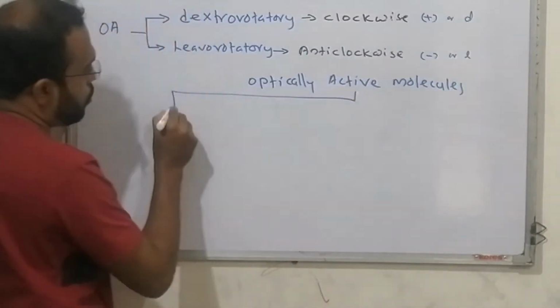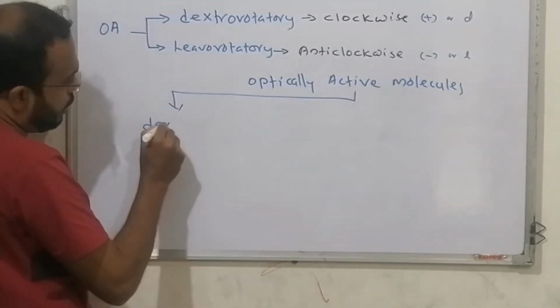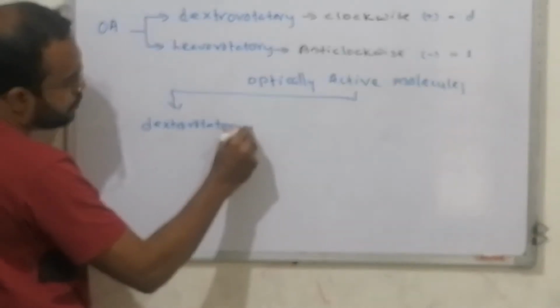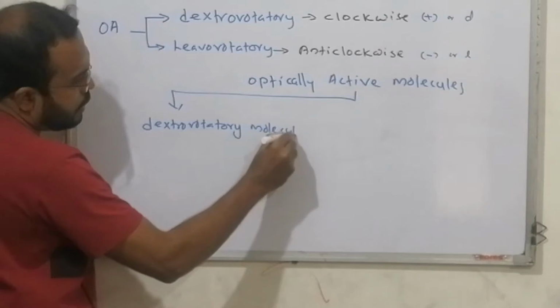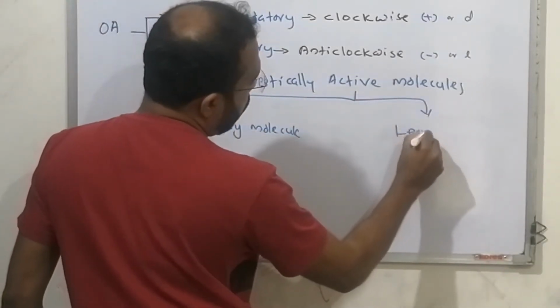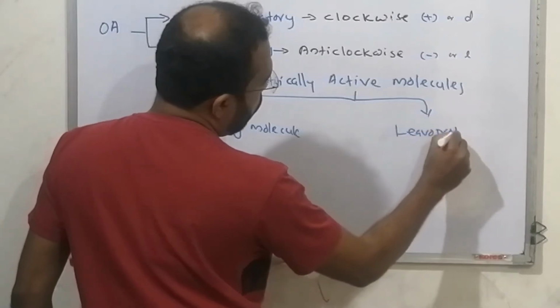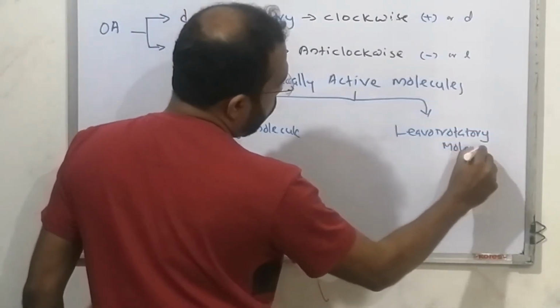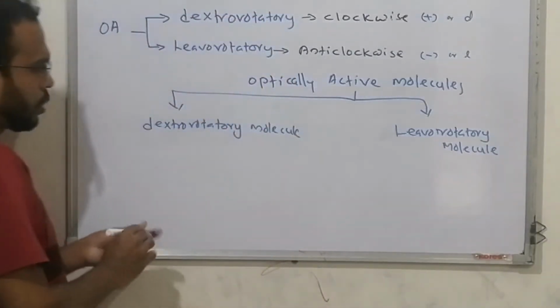One is the dextrorotatory molecule, second is the levorotatory molecule. What is a dextrorotatory molecule?